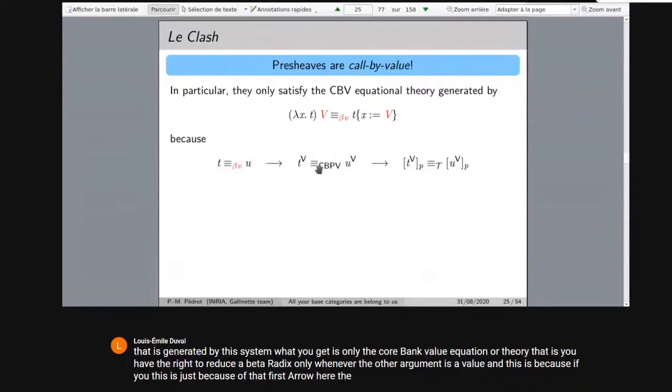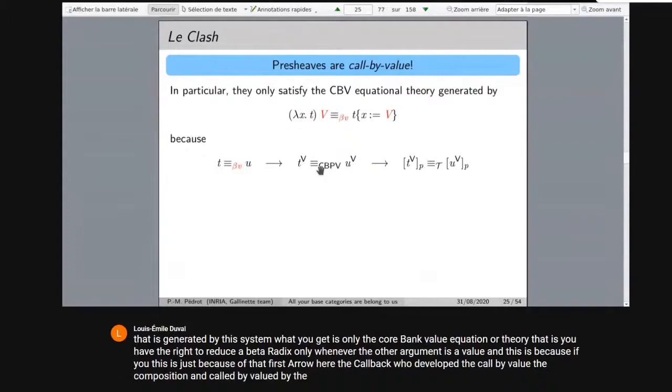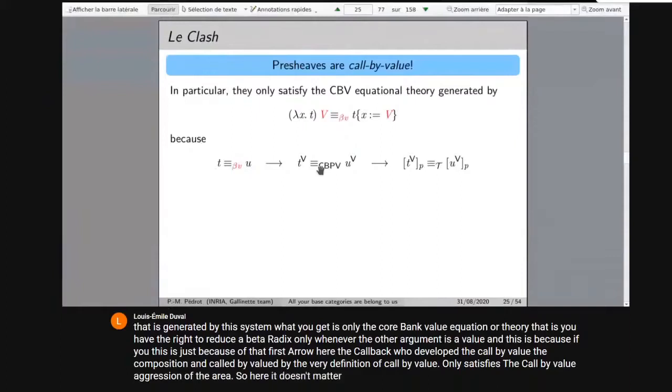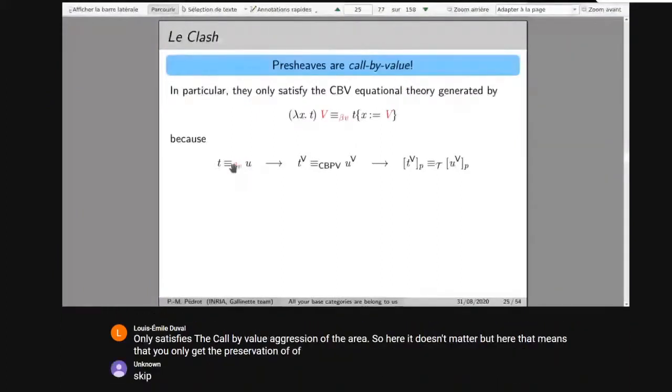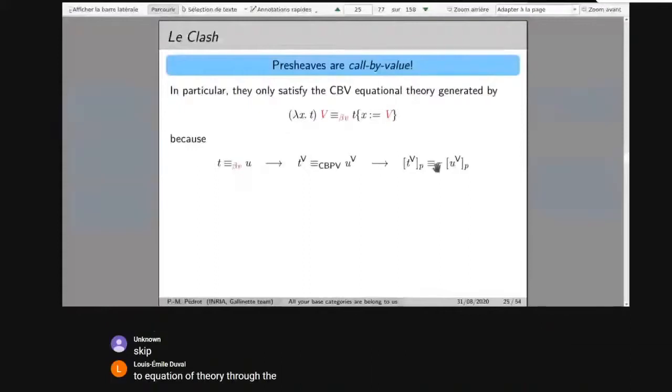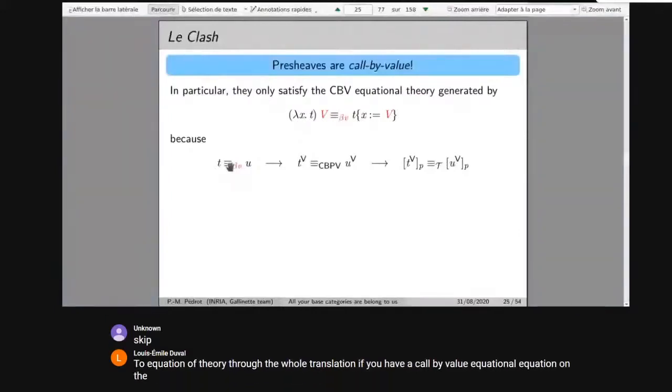The call by value decomposition, by the very definition of call by value, only satisfies the call by value equational theory. So here it doesn't matter, but here that means that you only get the preservation of equational theory through the whole translation if you have a call by value equation on the left.